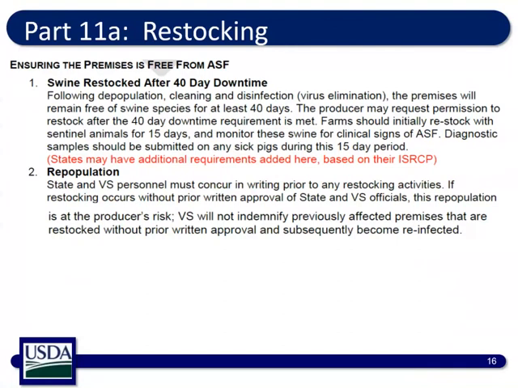So what we did was we used a brief down period following cleaning and disinfection of 40 days in lieu of having an environmental sampling period where we would take samples from the barns and look for viable ASF virus at that point.